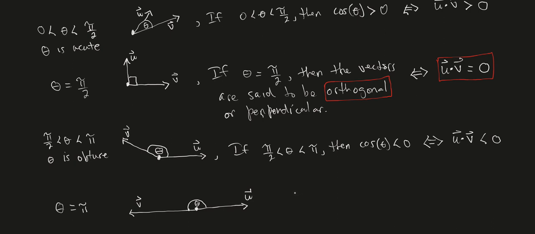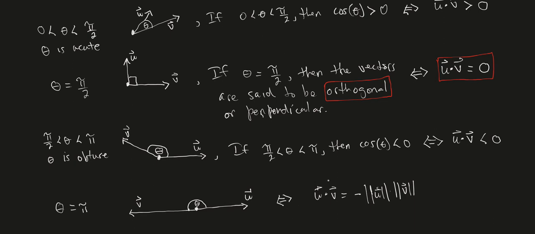The cosine of pi is -1. So this implies that in this case, our dot product, U dot V, will be the negative of the magnitude of U times the magnitude of V, right?